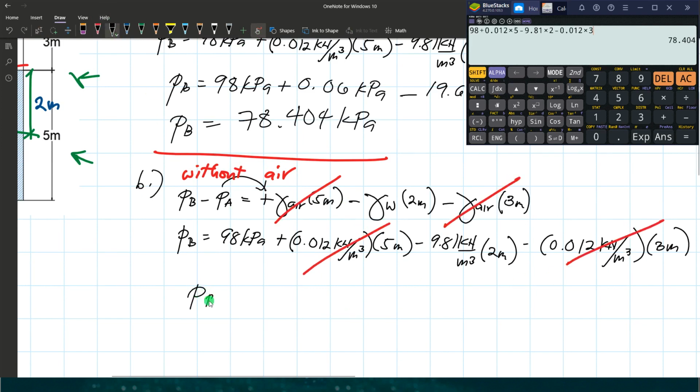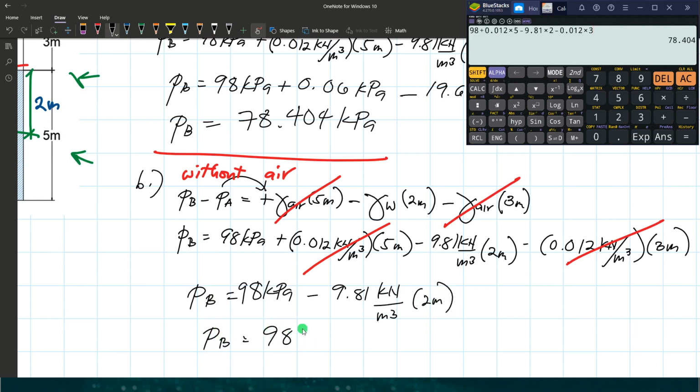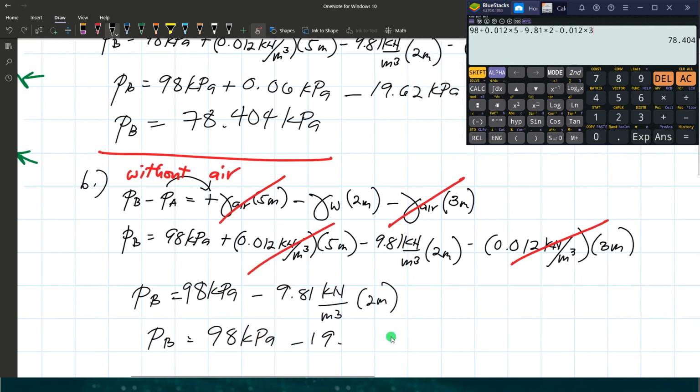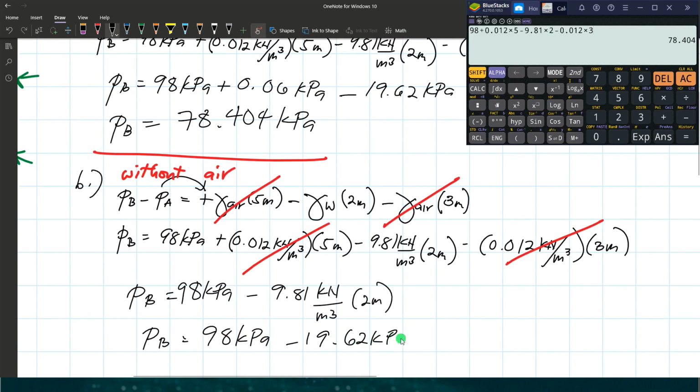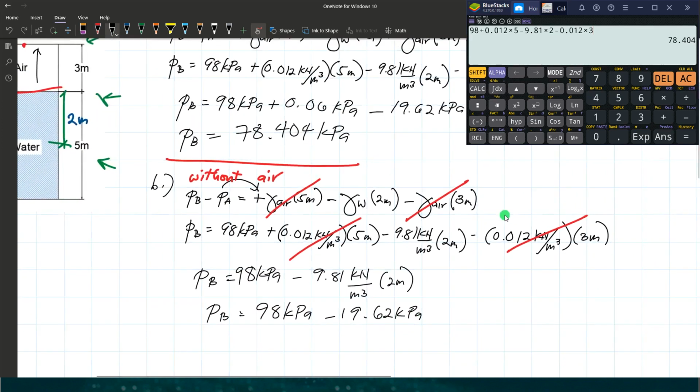We can easily determine the pressure at B, which is 98 kilopascal minus 9.81 kilonewtons per cubic meter times 2 meters. So the pressure at B is 98 kilopascal minus 19.62 kilopascal.